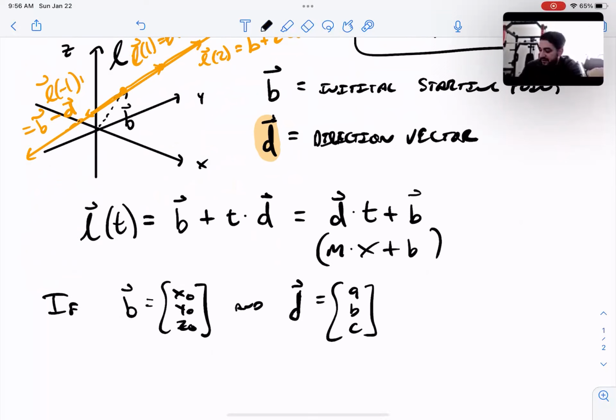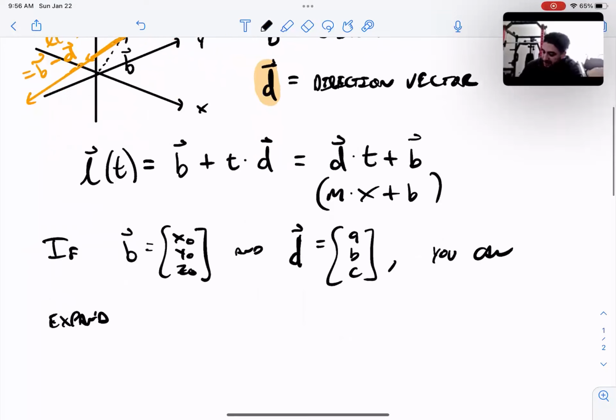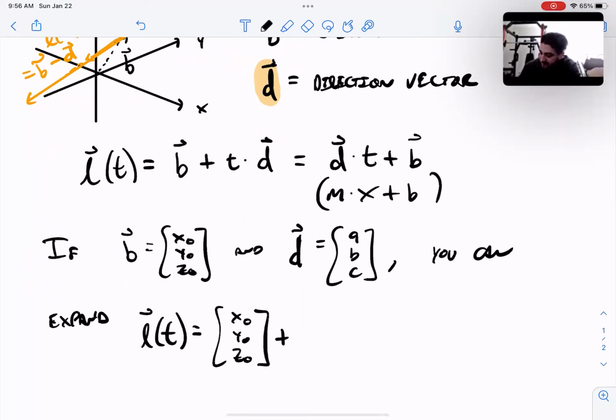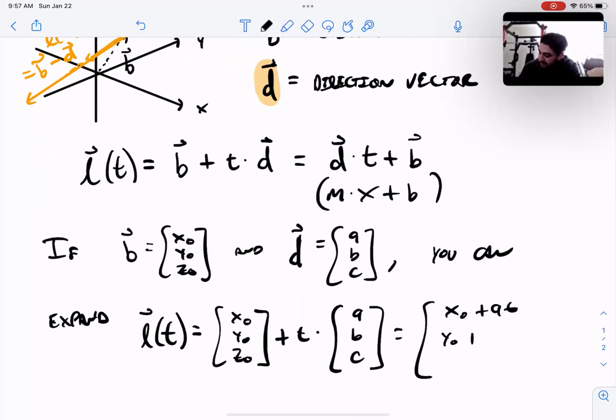Then what's nice is you can expand this to get L of t equal to what? So this is our vector b, x naught, y naught, z naught, plus t times d, which is a, b, c. And then you can add these together: x naught plus at, y naught plus bt, z naught plus ct, right?